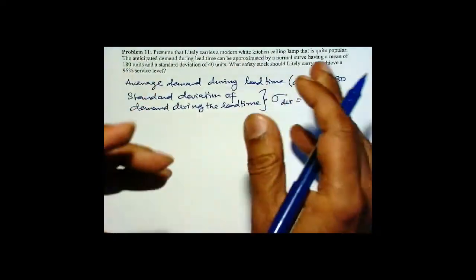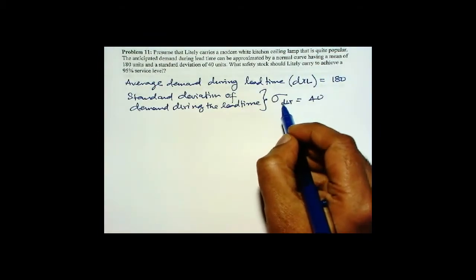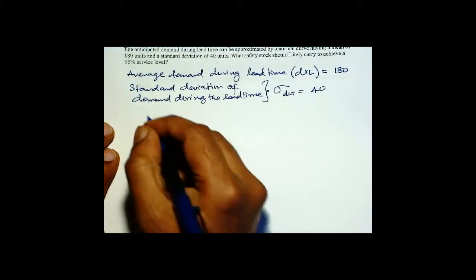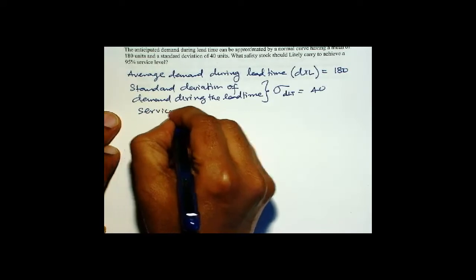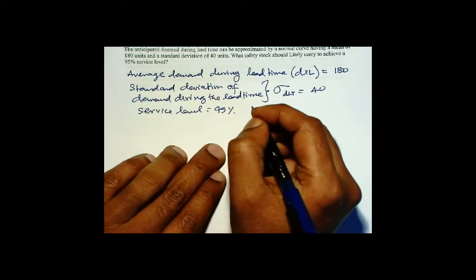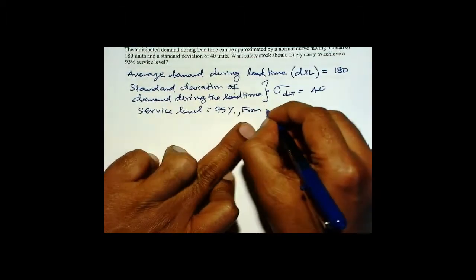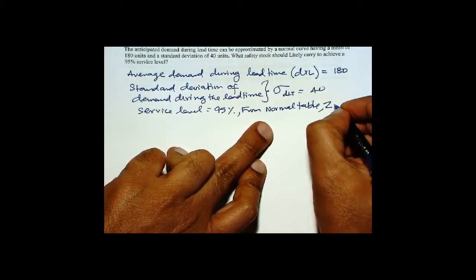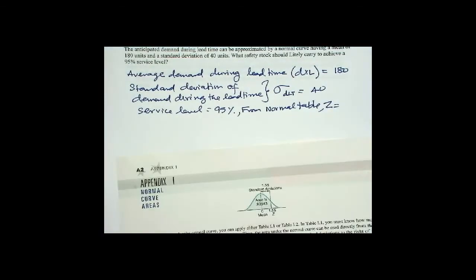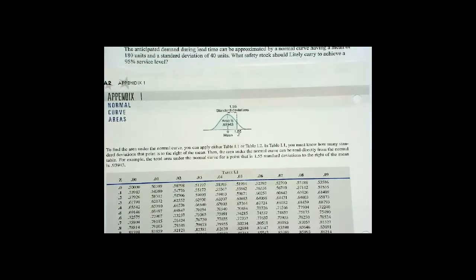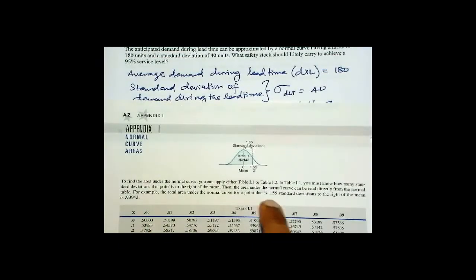So you don't have a separate formula for different values of D and LT. We will come to that in a little bit. Now service level is 95%. So now we have to use the normal table. So from normal table, Z is equal to, so now we have to go to normal table in the appendix, and then we need to look for Z value from the edges for 95%.